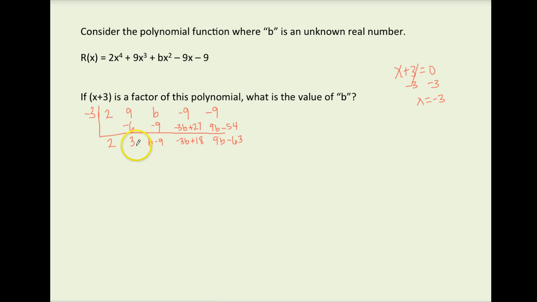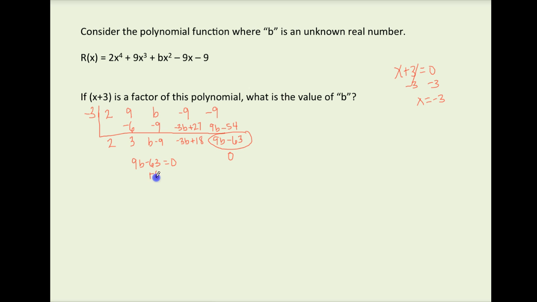Now, what did that do for me besides give me what looks like a mess? We know, because of the remainder theorem, that if x plus 3 is a factor of this polynomial, the remainder, which is this term on the end, should be 0. So we know that this value should be equal to 0. We can take 9b minus 63, set it equal to 0, and solve to find out what b should have been.